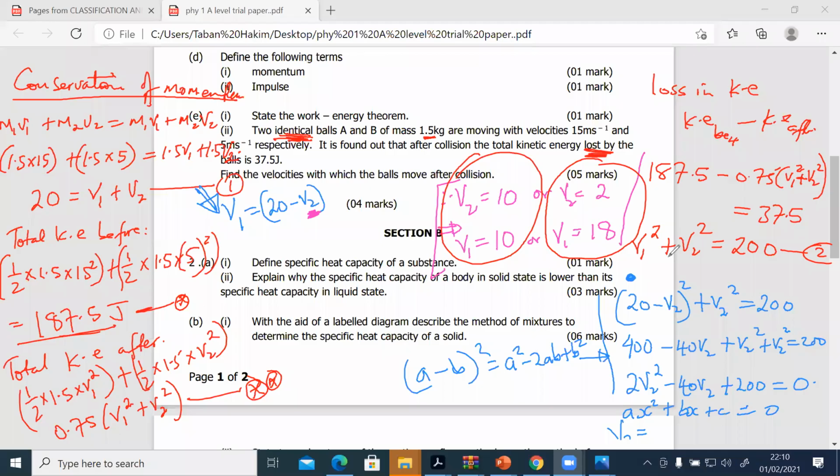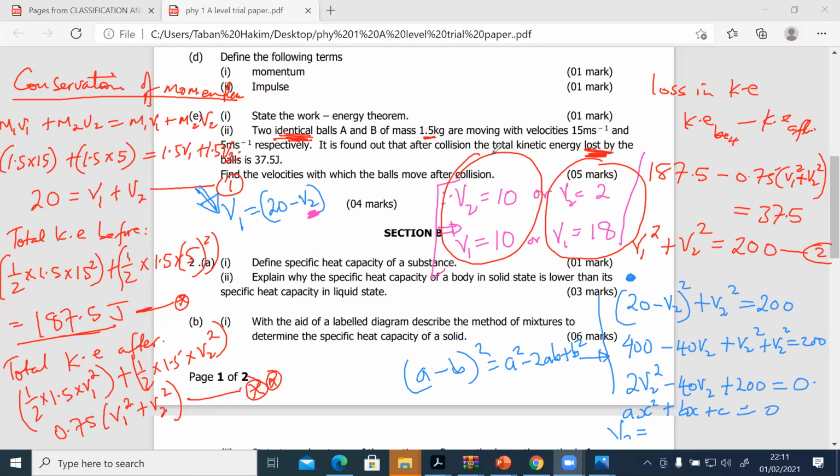Okay. So I was saying that don't assume, the question was not saying that the bodies moved together. So I'm saying here that do not assume anything. What kind of collision is this? Remember, we have three types. We have elastic, inelastic, and perfectly inelastic.